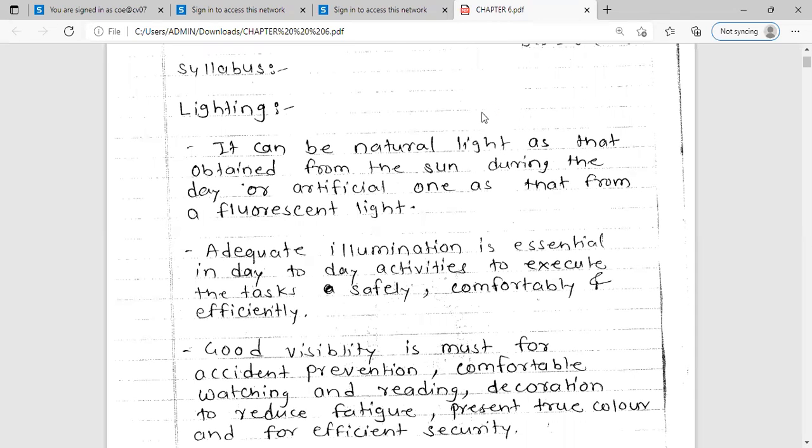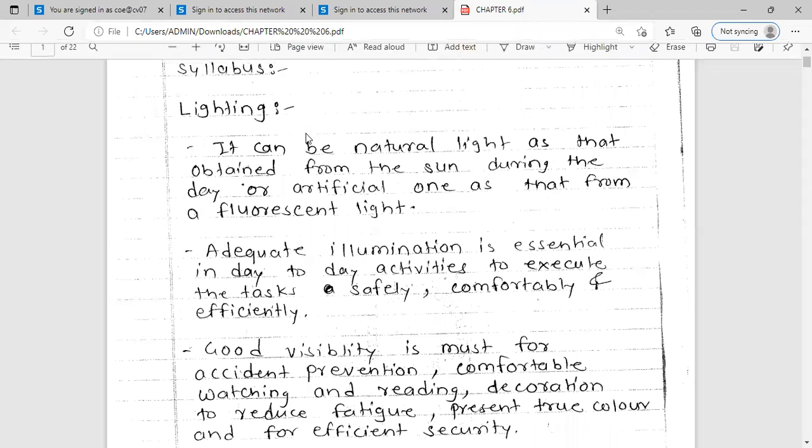If we consider our region, minimum 10% of floor area is required as clear opening for getting ventilation and lighting. Out of the whatever floor area is there, 10% we have to provide as openings through the walls, so we will get proper lighting and ventilation. So by providing windows we can achieve natural light.